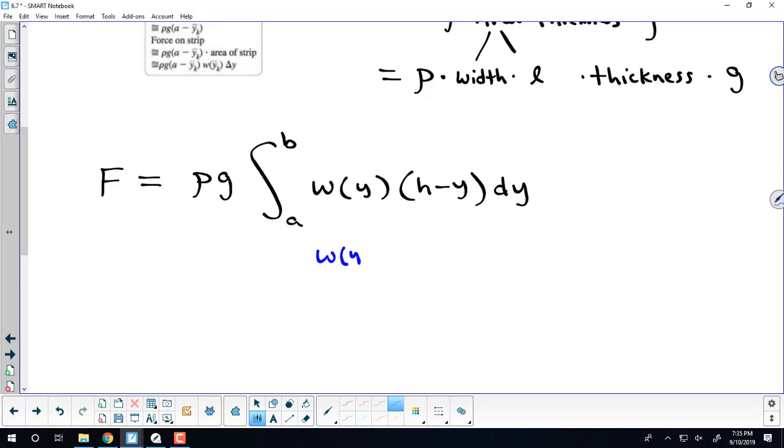So again, w of y is the width of the cross section, and this varies.